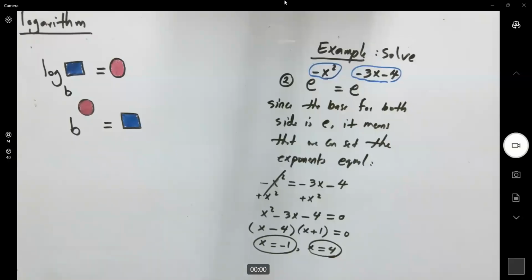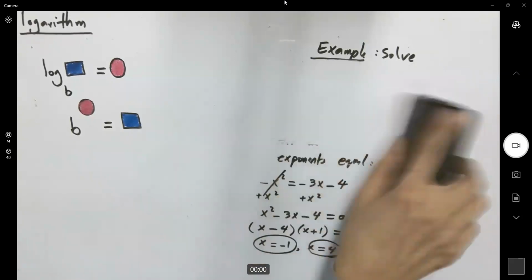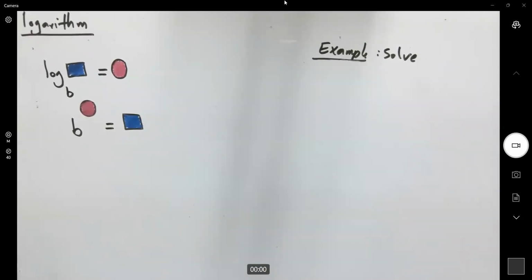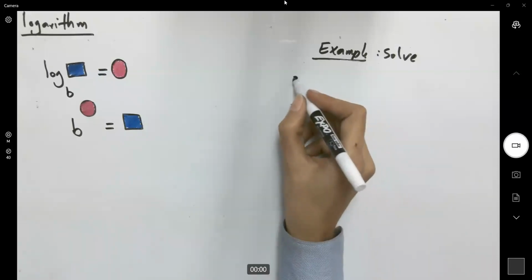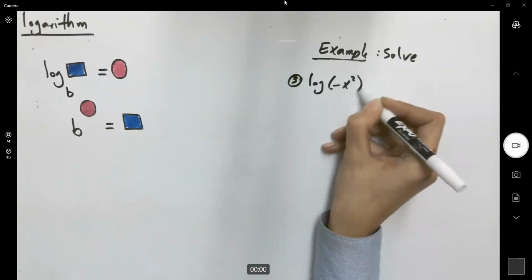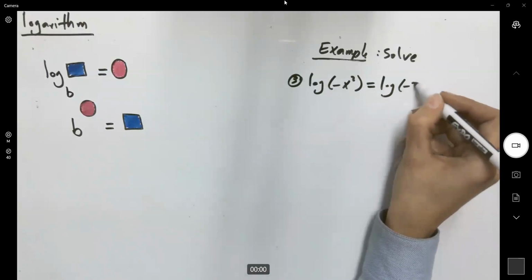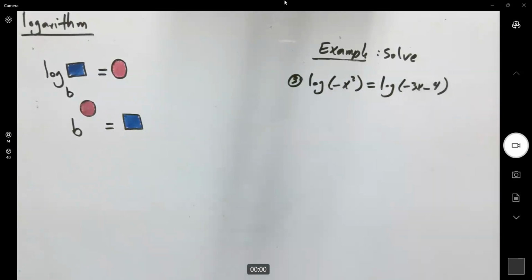Very good. Now suppose I give you this equation. I say, hey guys, solve number 3: log of negative x squared equals log of negative 3x minus 4.